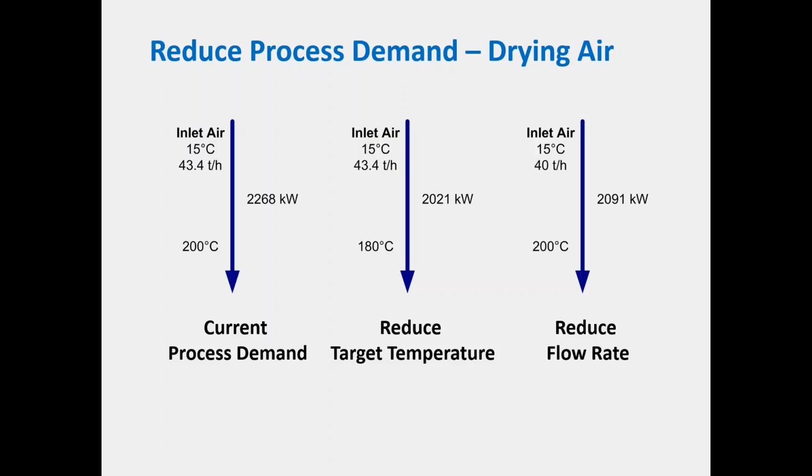So these are the ways to actually reduce the process demand. Now, that may or may not be possible depending on the process, and there's often a lot of work that needs to go in order to actually determine whether this is feasible. Now, you may have other streams. Say, for example, you may have a hot water rinse or hoses or something like that, where that temperature may be a lot more flexible.